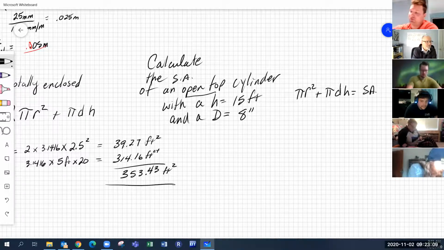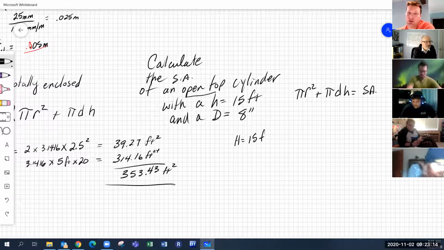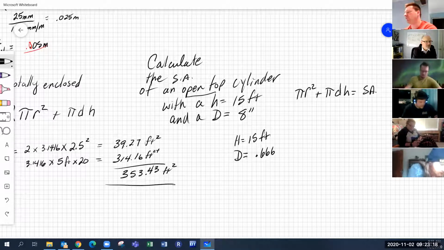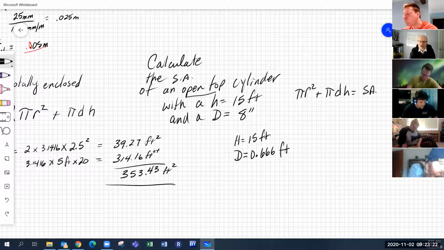I'm going to rewrite my variables here. My height is equal to 15 feet. My diameter is equal to 0.666 feet. So I converted my diameter into feet.